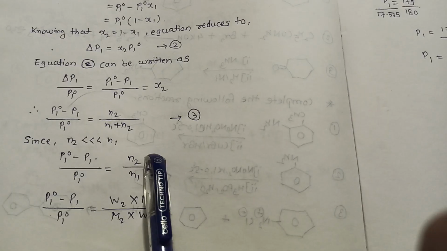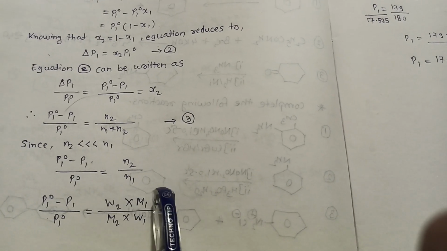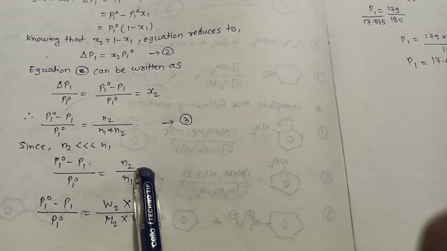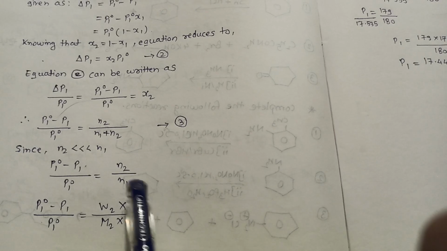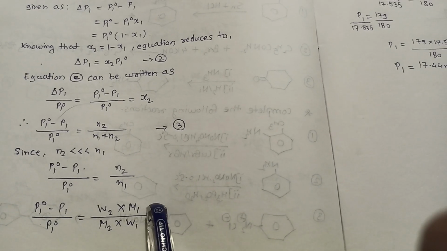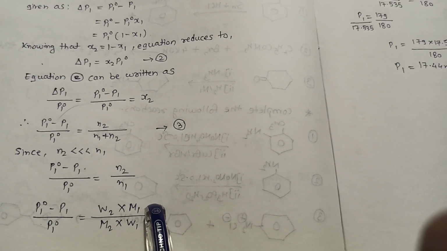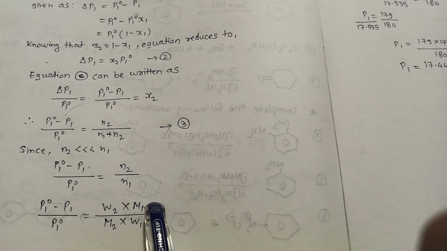And number of moles formula is mass upon molar mass. For N2 it is W2 by M2, and for N1 it is W1 by M1. M1 is in the denominator, so it will go to the numerator.